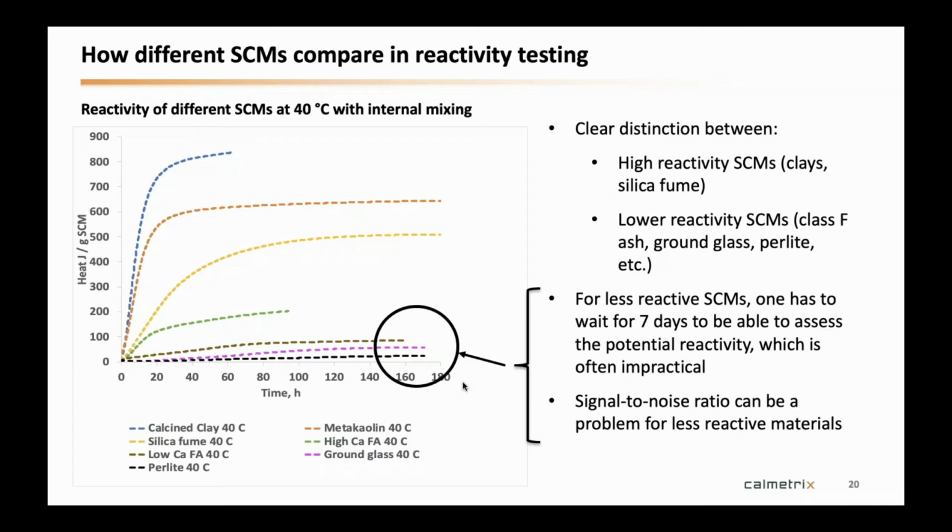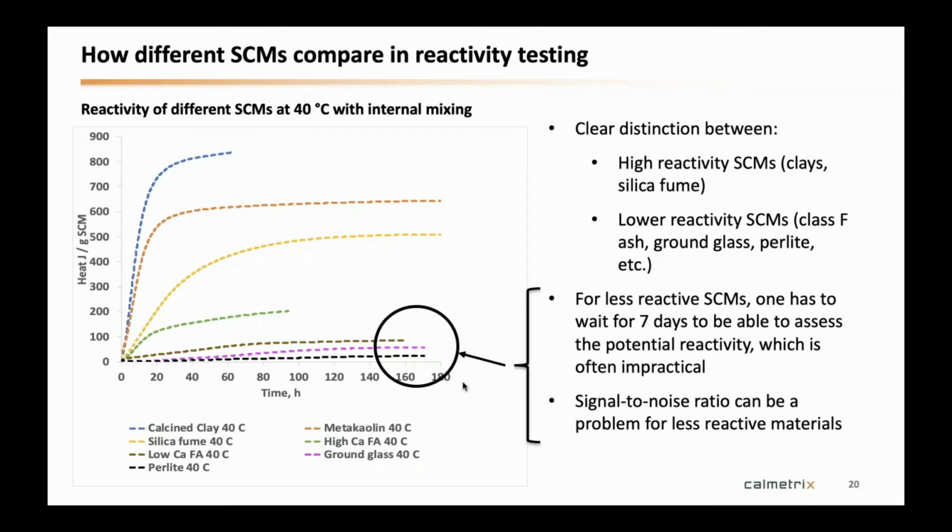Now, what we see here is that clearly for the highly reactive materials, the three on top, they're easy to see, easy to distinguish. Things work out well, so you have a clear distinction where you can see the reactivity very quickly and very clearly. For the less reactive materials on the bottom, you really have to wait a long time before you can see something and be assertive about it.